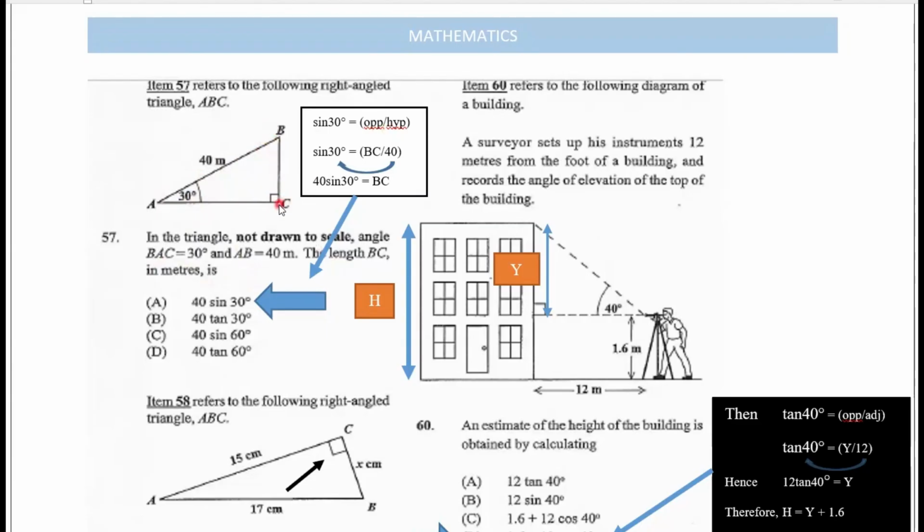Opposite will be BC over, what's the hypotenuse? 40. So sine 30 will be BC over 40. If you want to get BC, carry the 40 across. Opposite of divide is multiply. It'll be 40 sine 30 will be BC. That's E.